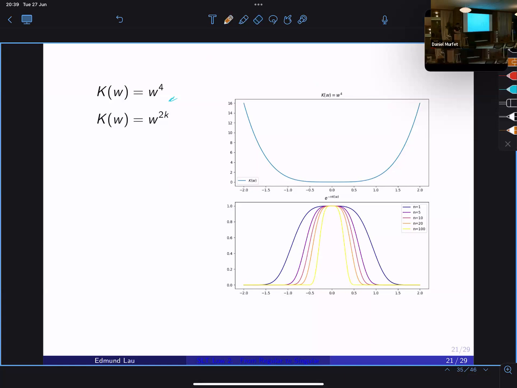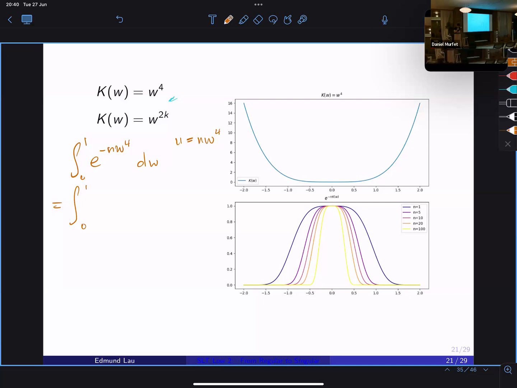Okay, so if you do that integral, e to the minus n w to the 4 dw, I can't rely on the Gaussian integral anymore. So how do we do that integral? You do the substitution, u equal to n w to the 4. I'm just going to integrate from 0 to 1.